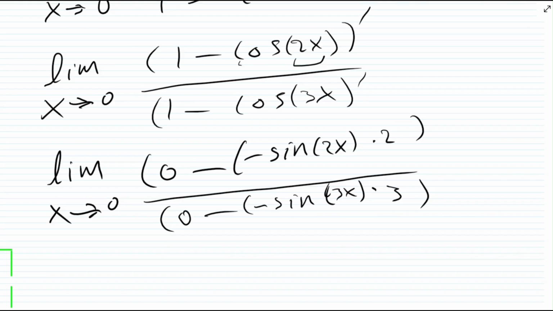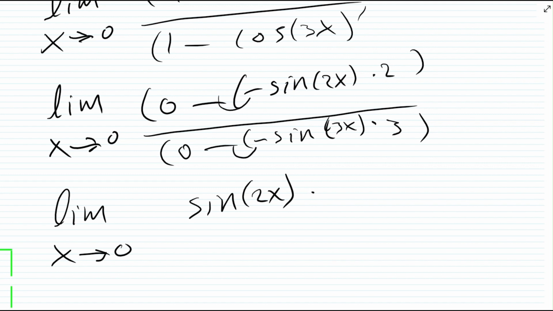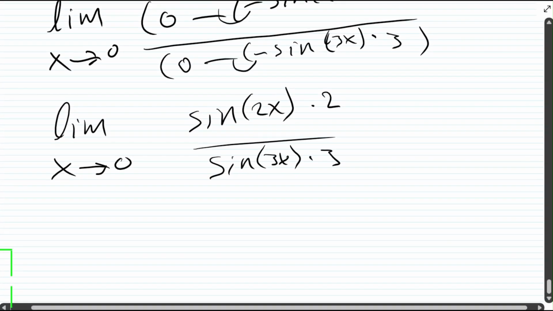Alright. So the limit as x approaches 0 of this, which is going to be positive, and this is also going to be positive, of sine 2x times 2 over sine 3x times 3, right? So let's substitute 0 again to evaluate this expression.